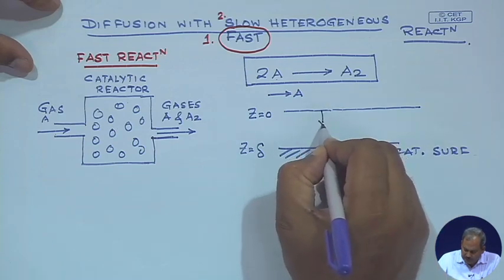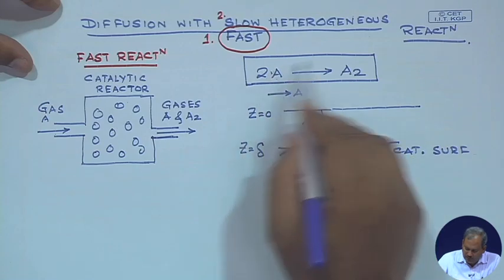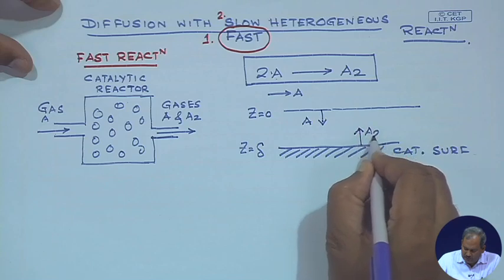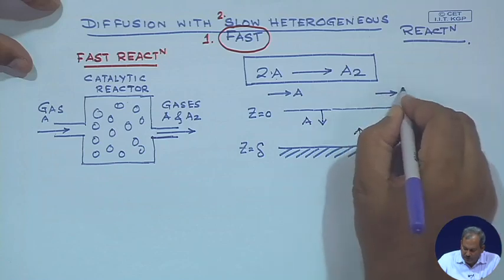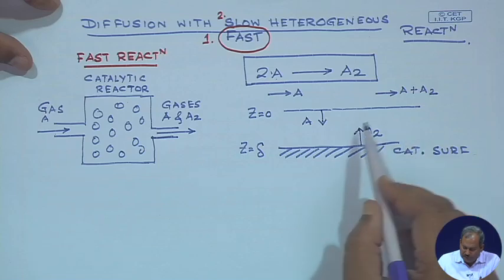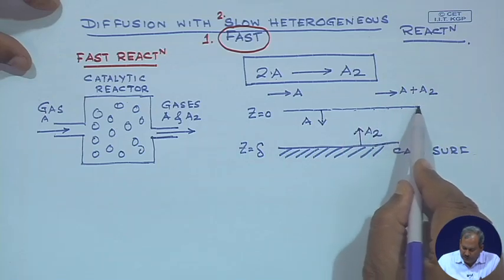So, A starts diffusing in this direction, the reaction from A to A2 takes place on the surface, and A2 starts diffusing back towards the bulk stream of the gas mixture. So, here you have A plus A2. This is the edge of a hypothetical gas film which exists around each particle.